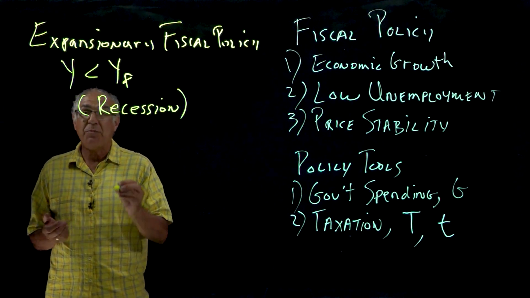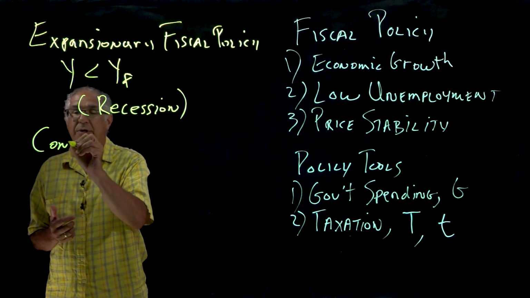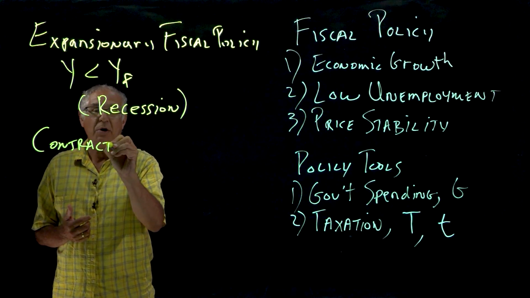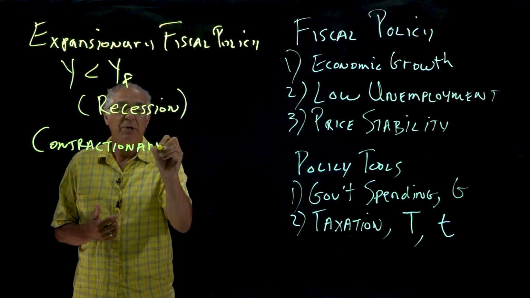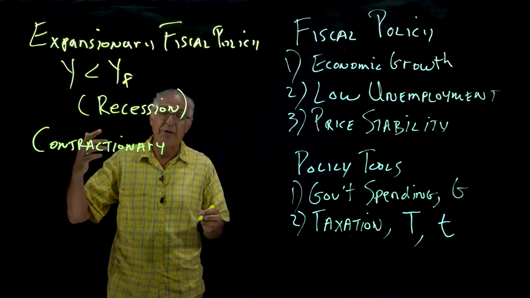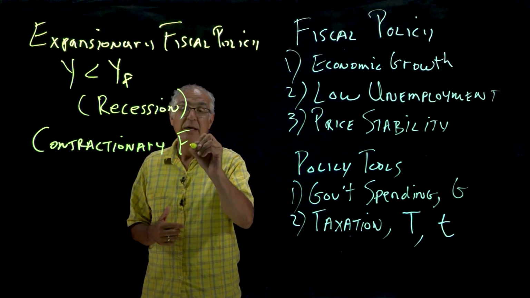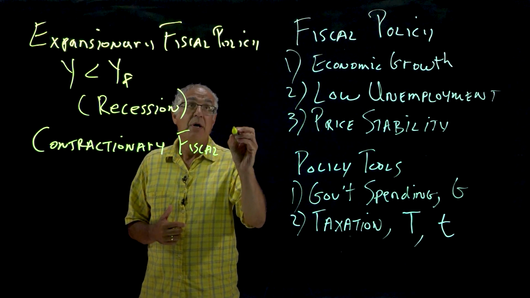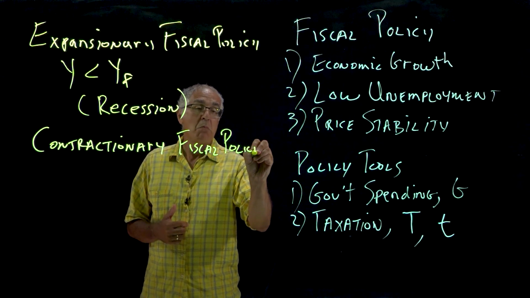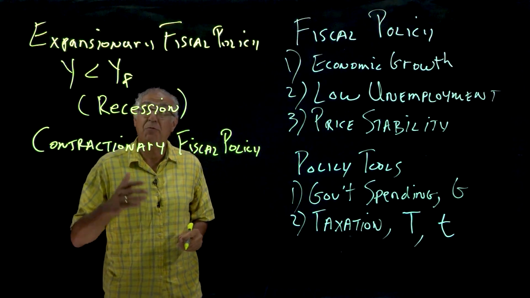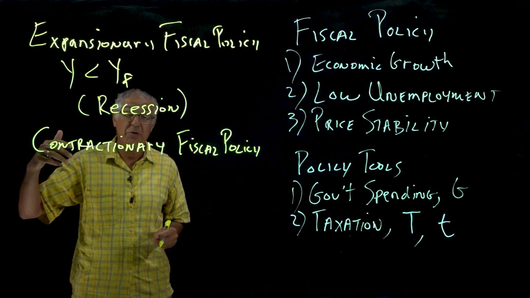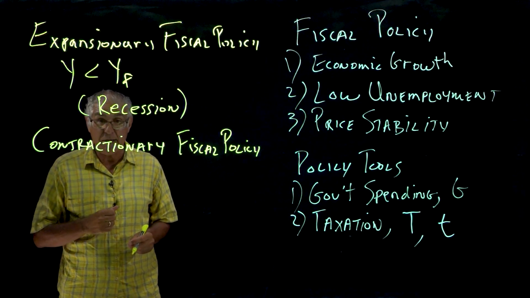The other type of fiscal policy is contractionary fiscal policy. And you might recall that when we were speaking about monetary policy, we also talked about expansionary and contractionary monetary policy. And the situations that call for either type of policy were identical to those when we talked about monetary policy.